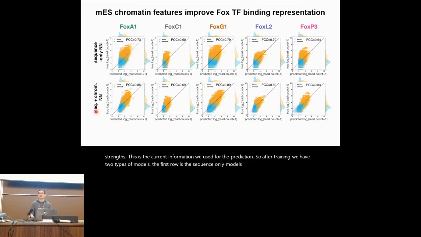The second row is the model with both the DNA sequence and pre-existing chromatin. We can see that for every Fox family factor, adding the pre-existing chromatin information is very helpful to improve the model prediction. This means even pioneer factors like FOXA1 still need some chromatin information, like pre-existing chromatin contacts, to bind to some of their binding sites.